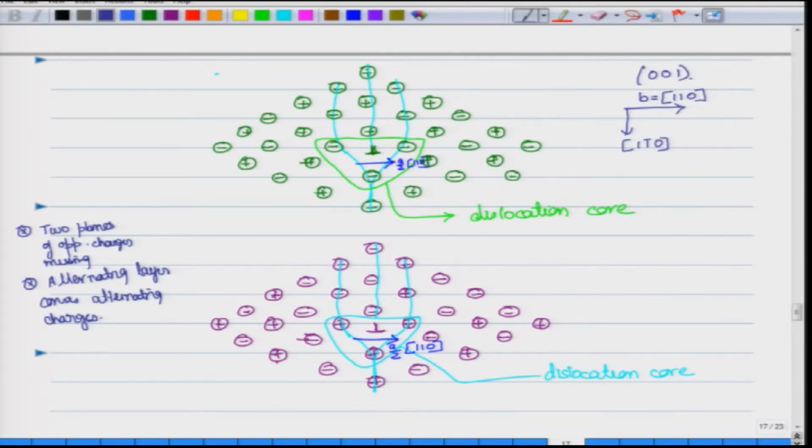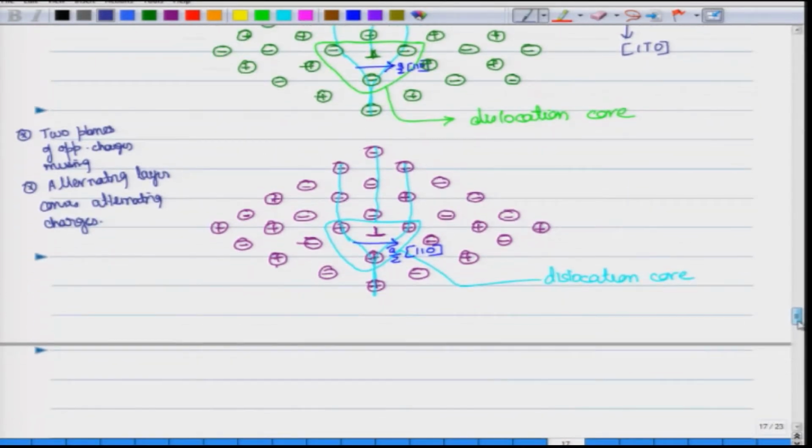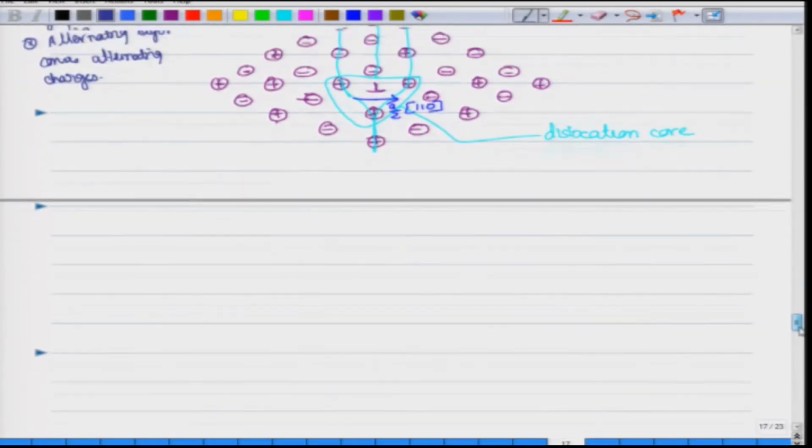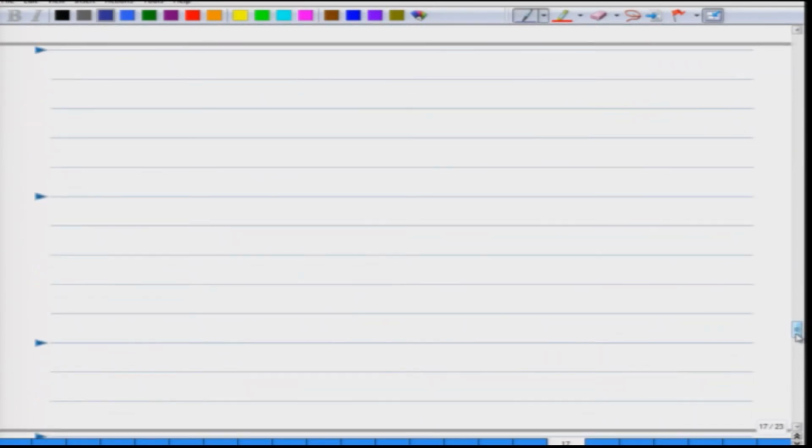Here I have drawn it for 001 and I am not going to go into detail. Like I said earlier, I will just note down a few important things about dislocations in an ionic system.